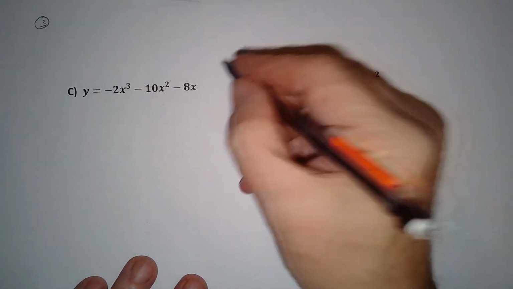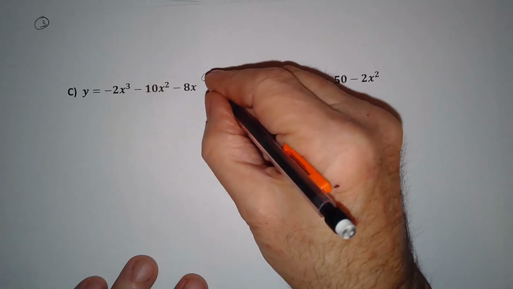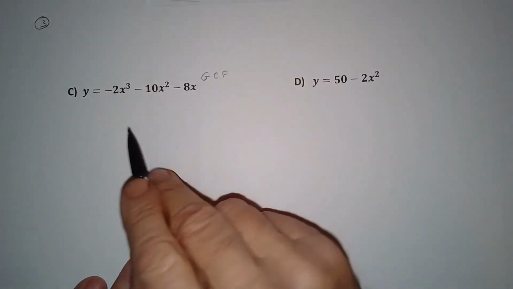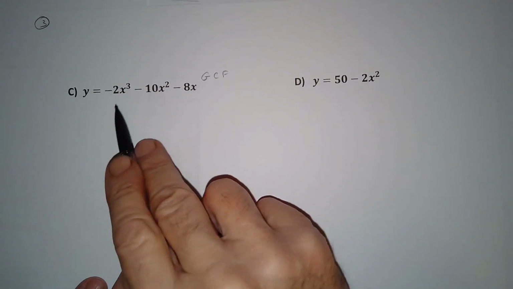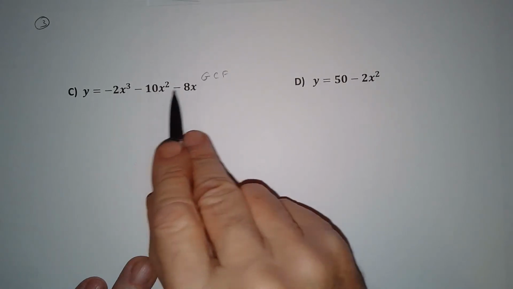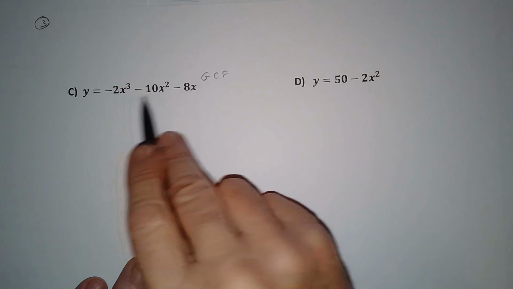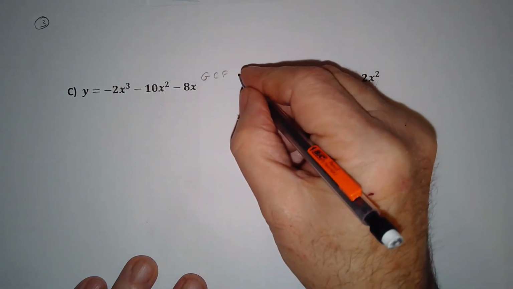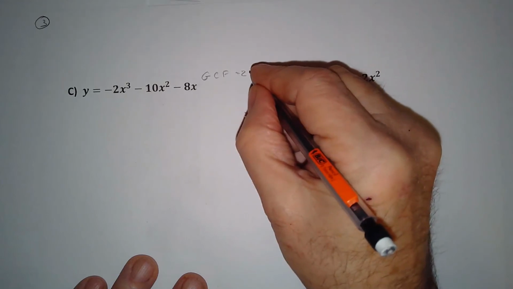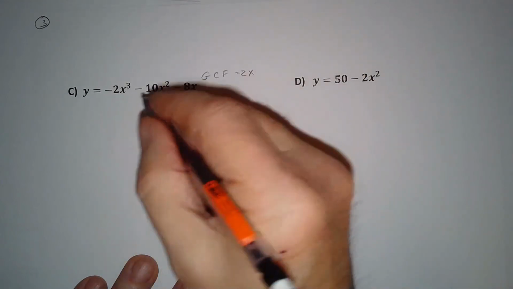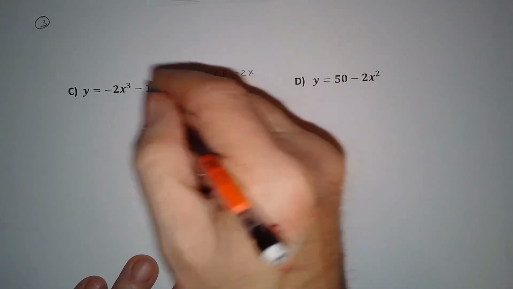What's the GCF? Now let's see. I've got an x in every one of these, so we know we're going to have an x, and then they've got a -2 here, -10 here, -8 here. Well, we can divide a -2 out of this as well. So -2x is my greatest common factor that I can factor out of all of these terms. So I'm going to go ahead and do that.